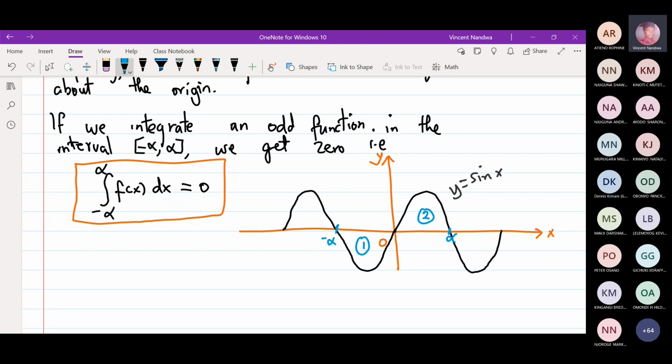That will be a very useful result when it comes to computing the Fourier series for a function known to be odd in an arbitrary interval minus alpha to alpha. The result of such an integration will be 0.